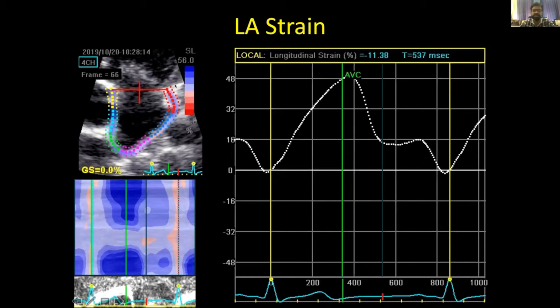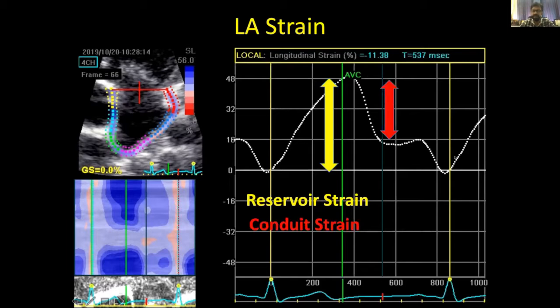So this is a tracking of the left atrium, and this is the aortic valve closure, and the first wave which is seen is nothing but the reservoir strain, which is also called the peak atrial longitudinal strain. The second is the conduit strain, and the third is the booster strain.